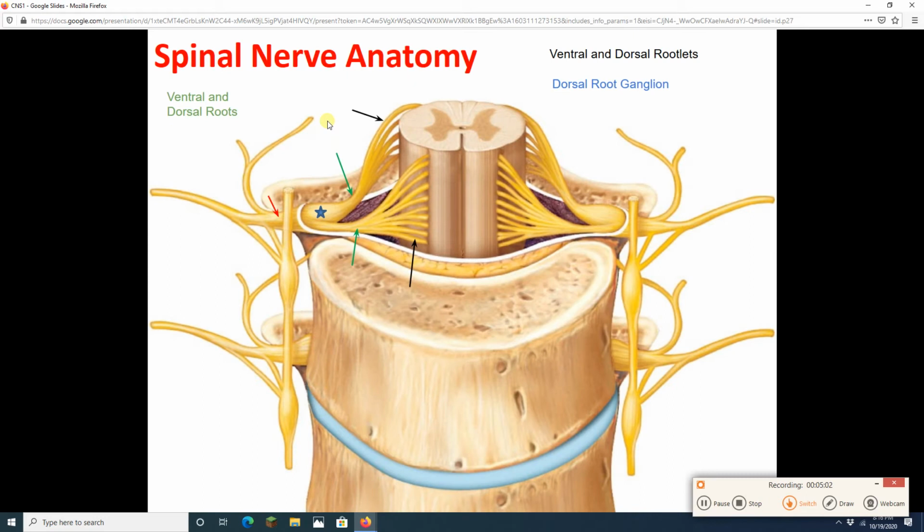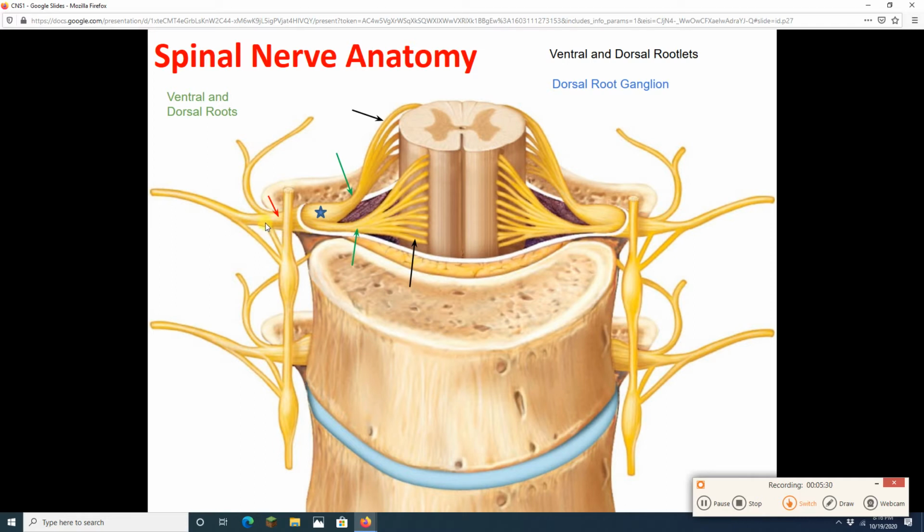Okay, we got a dorsal root and its ganglion in the back, a ventral root, no ganglion there, in the front. Those two combine, and this structure right here is a spinal nerve. The combination of the dorsal root and the ventral root yields a spinal nerve. Now, the dorsal root is utterly sensory. The ventral root is totally motor.